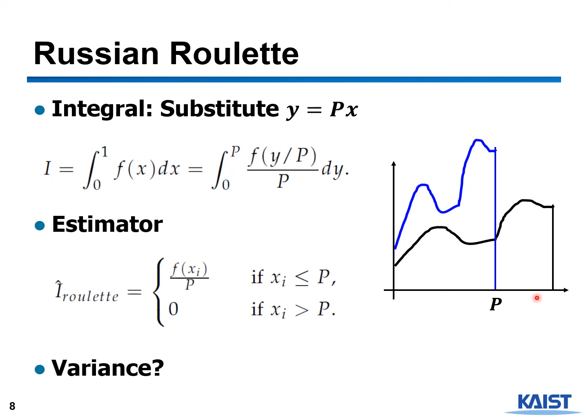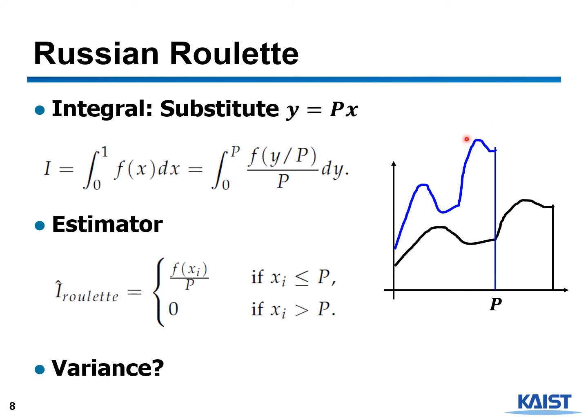Since we cancel the value to be 0 right after p, we need to compensate for that value. So for the range less than p, we need to make this function bigger than the original function. You can see that we can transform this function into this blue function.